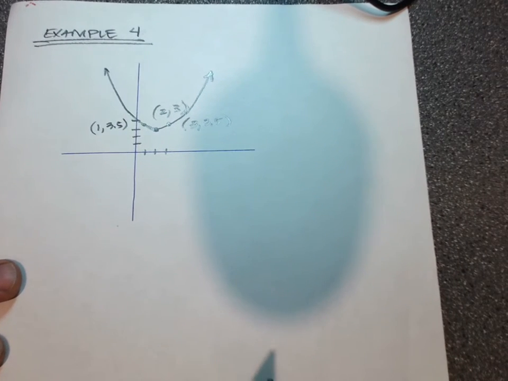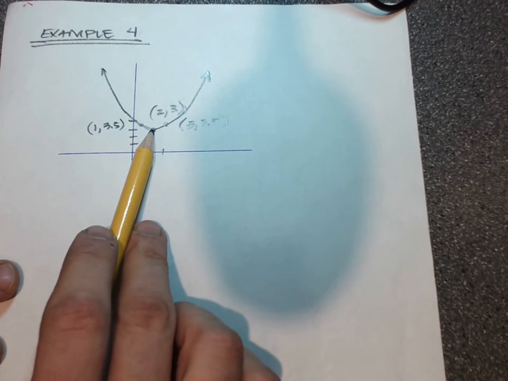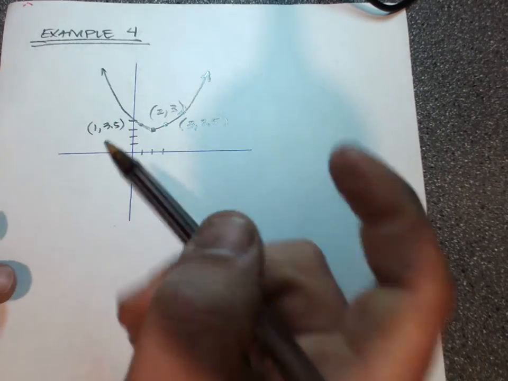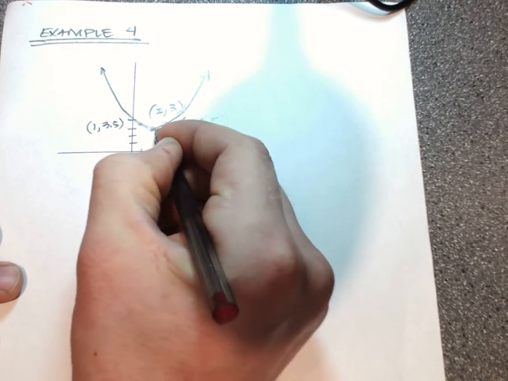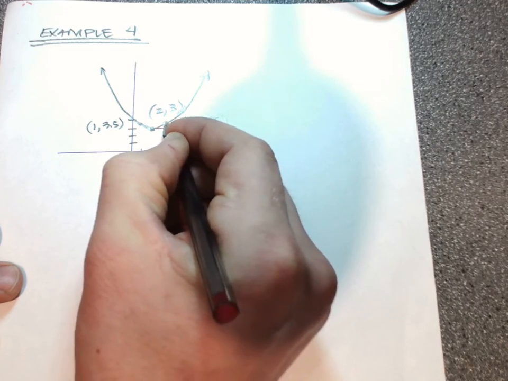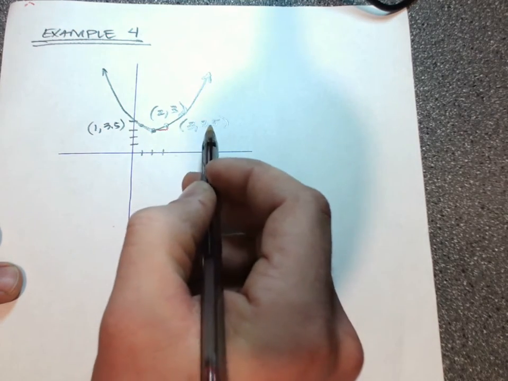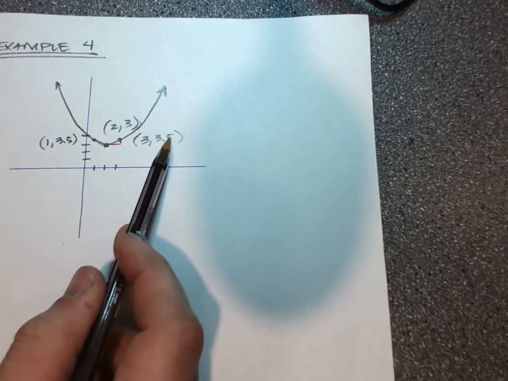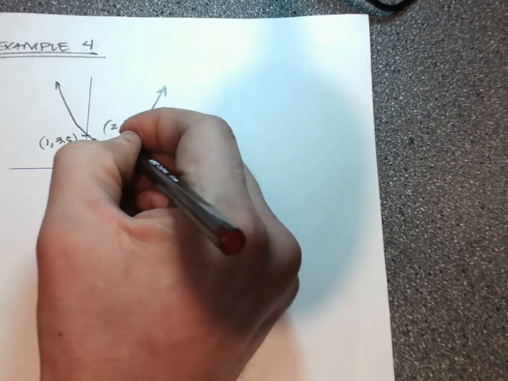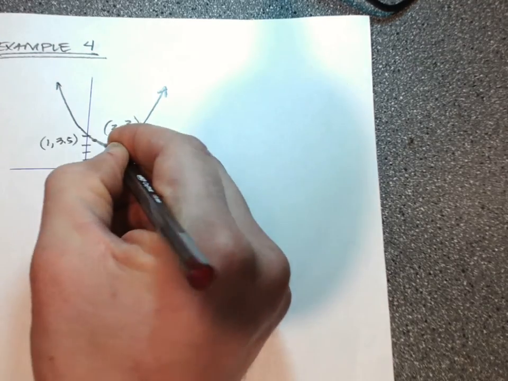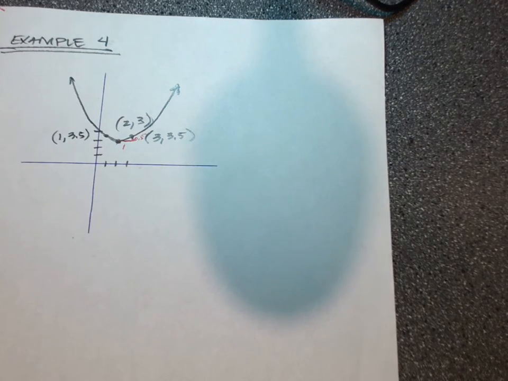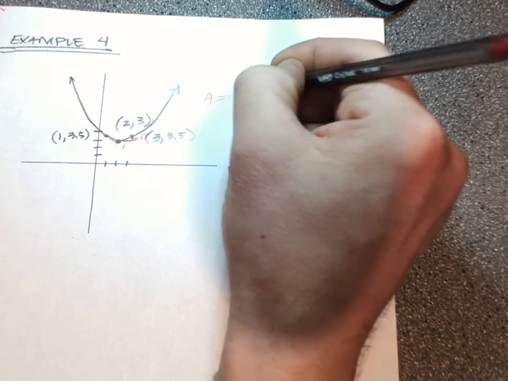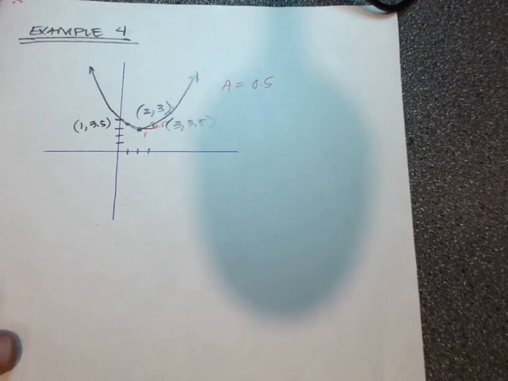Okay, example 4 has the same vertex, 2, 3. However, in this case, if we measure from the vertex and go over 1, we have only increased by half. To increase from a y value of 3 to a y value of 3.5, that would be up 0.5. And that means the a value, the vertical stretch, is actually considered a vertical shrink.